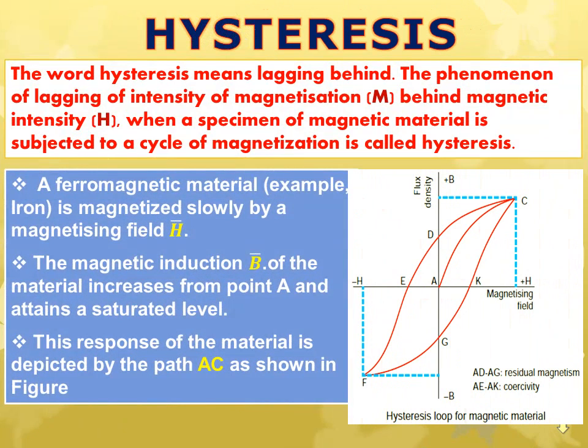The ferromagnetic material, for example iron, is magnetized slowly by the magnetizing field H vector. The magnetic induction B vector of the material increases from point A and it attains the saturation level. This response of the material is depicted by the path AC as shown in the figure.